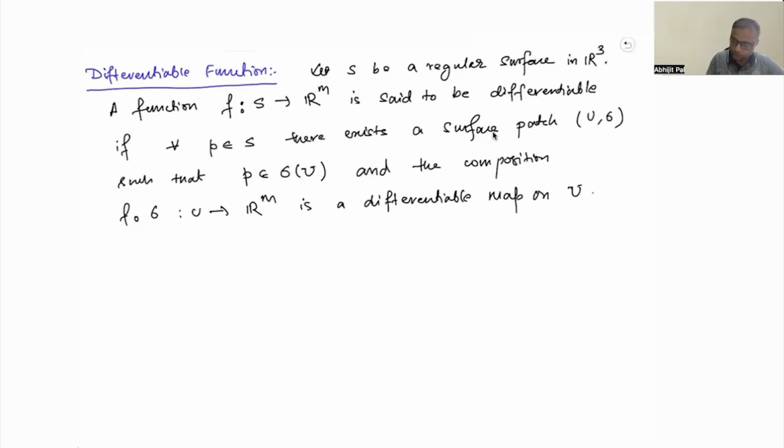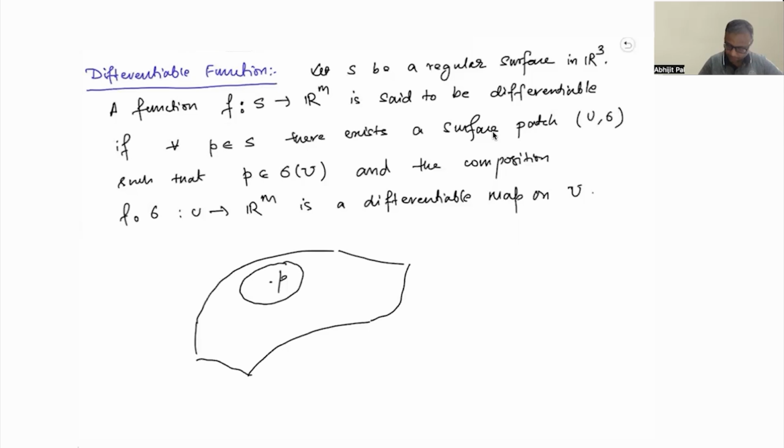This U is an open subset of R2. If I draw a picture, suppose this is my surface, and let us take a point P. For each point, I have a surface patch like this.